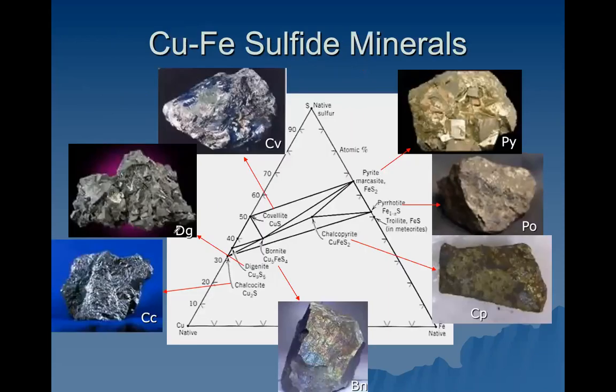Right, so composition wise, again, the copper iron sulfide minerals are very, very complicated because they are also acting as solid solutions. So native copper, native iron, and native sulfur, right? If you consider this triangle with these three compositions at the corners, there will be variable products. Okay. Right.